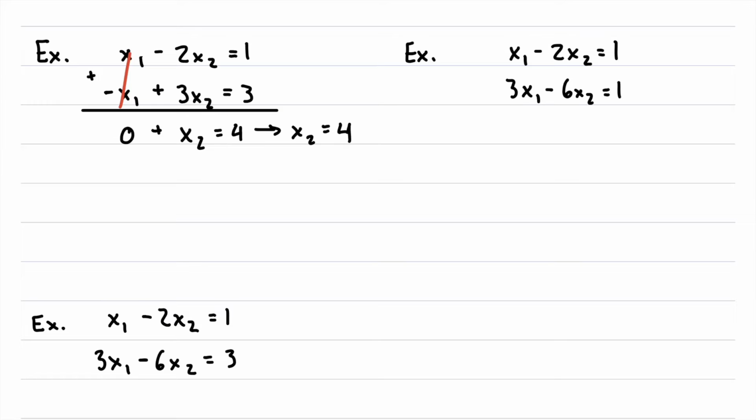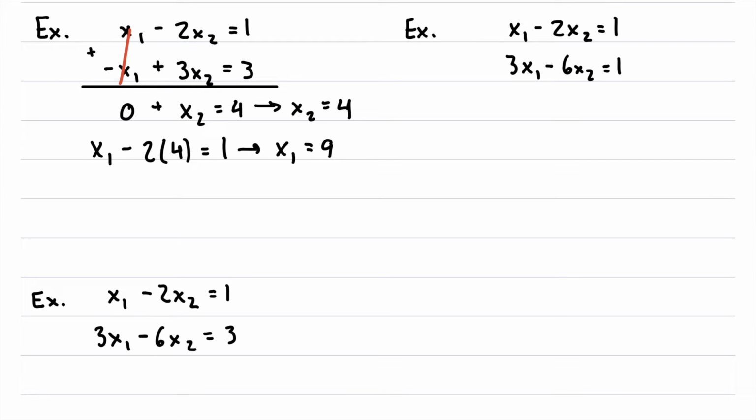Then we substitute that value of x2 back into one of the equations. I'm going to choose the top equation, so I have x1 minus 2 times 4 equals 1, or x1 equals 9. So the solution to this problem is x1 equals 9 and x2 equals 4.